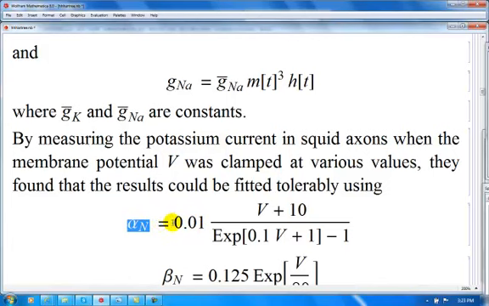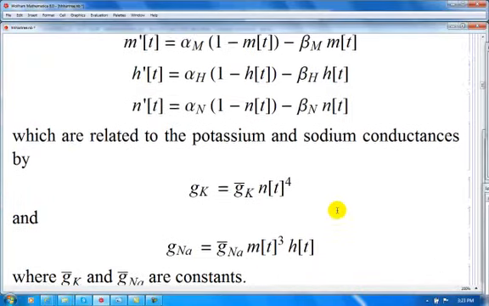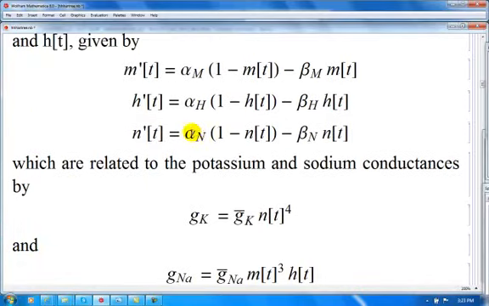So alpha n was fitted to be 0.01 times this function of the potential, and beta n was fitted by this function. So if we go back up here, we can see that that's alpha n and beta n here.